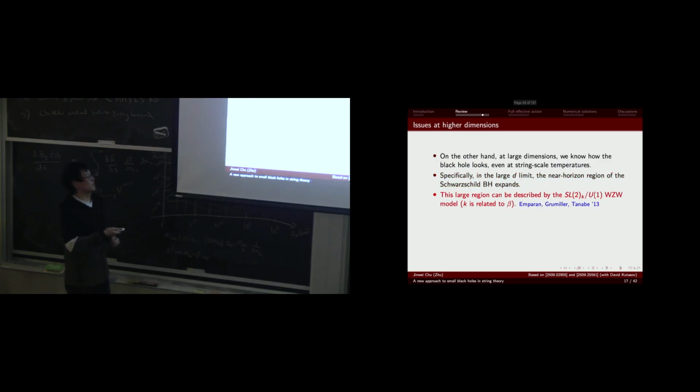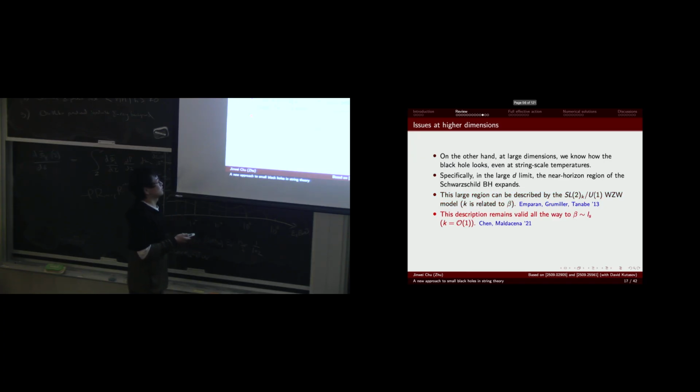And the point is that this large region can be described by the so-called SL2 level 1 WZW model on the worldsheet. And the level of this WZW model, K, is related to the inverse temperature beta. So it was found by Yang, Miller, and Tanabe.